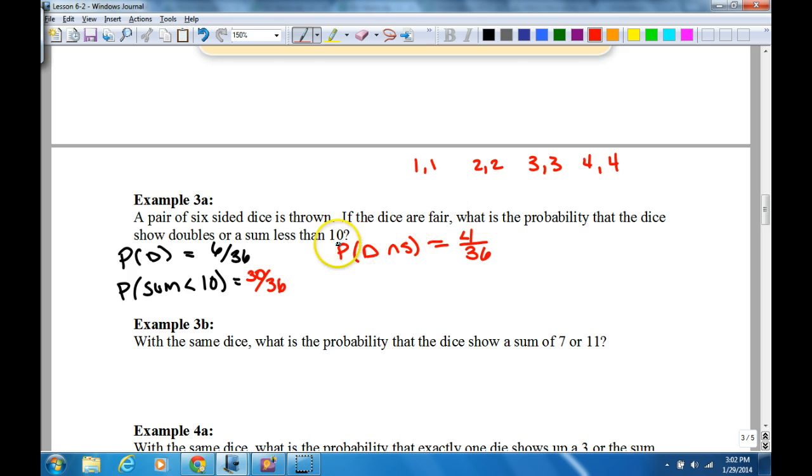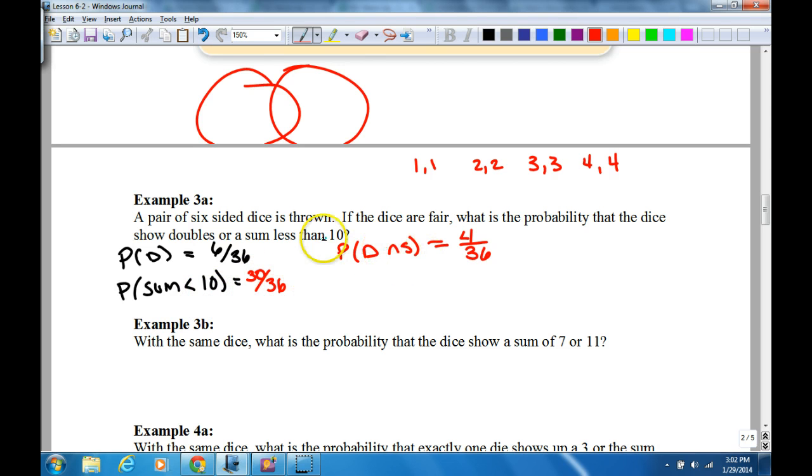I'm not there yet. This is the section that is in between both of these. So we already looked for our doubles. We have 6 out of 36. All the sums that are less than 10, we have 30 out of 36.